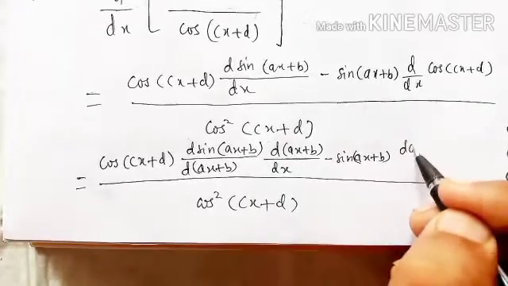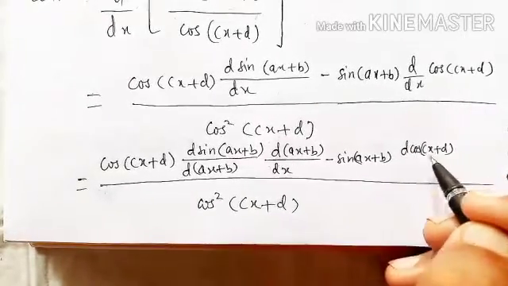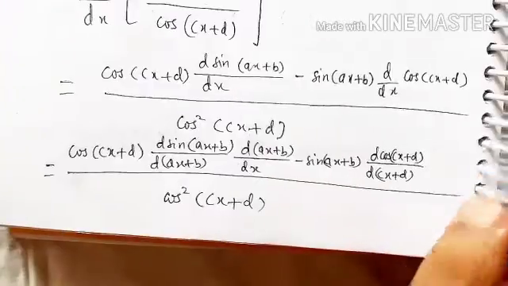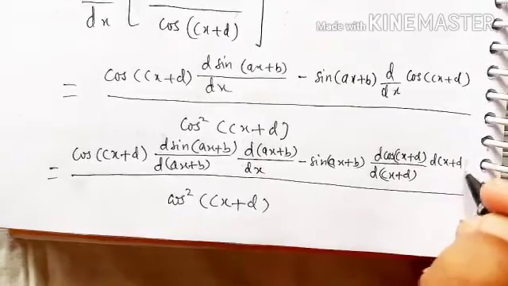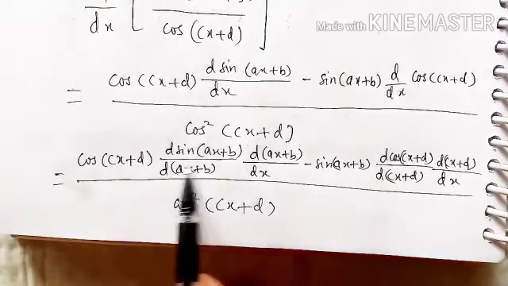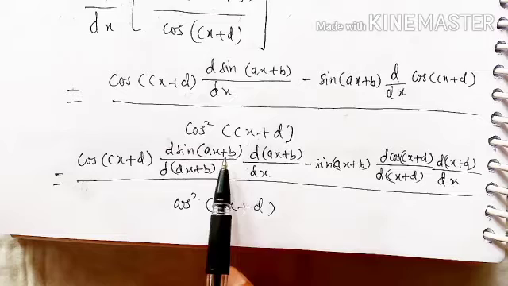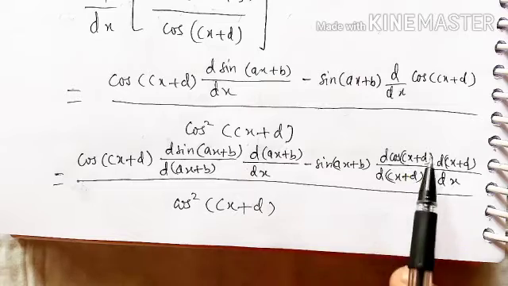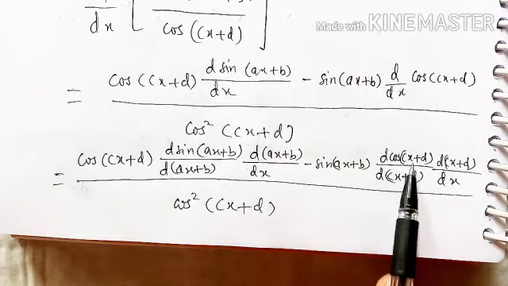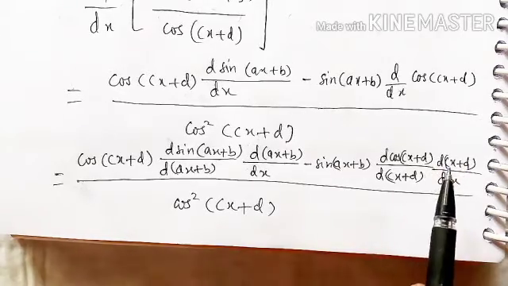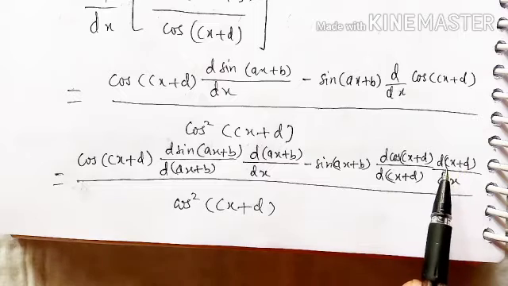Here we write cos(cx plus d), which is a function of cx plus d, and cx plus d will be a function of x. Now its derivative is cos(ax plus b), and the derivative of ax plus b is a. Here its derivative is minus sin(cx plus d), and here the derivative of cx plus d is c, because you know that the derivative of a constant is 0, here d is constant, and the derivative of cx is c into dx by dx.